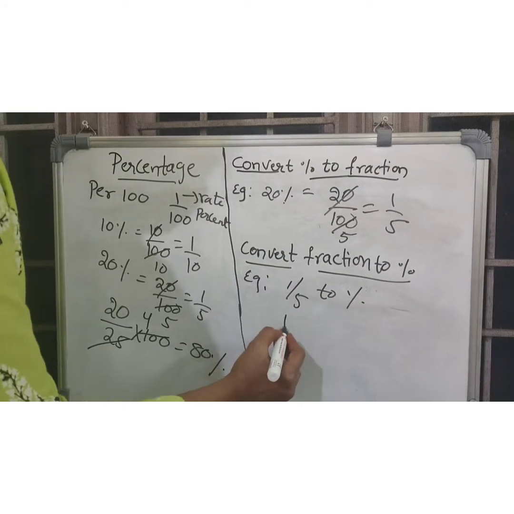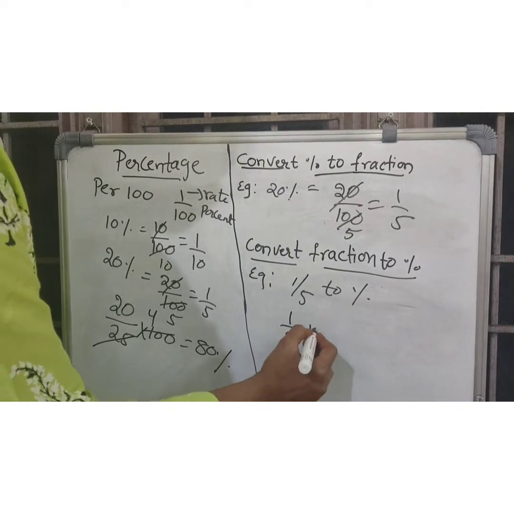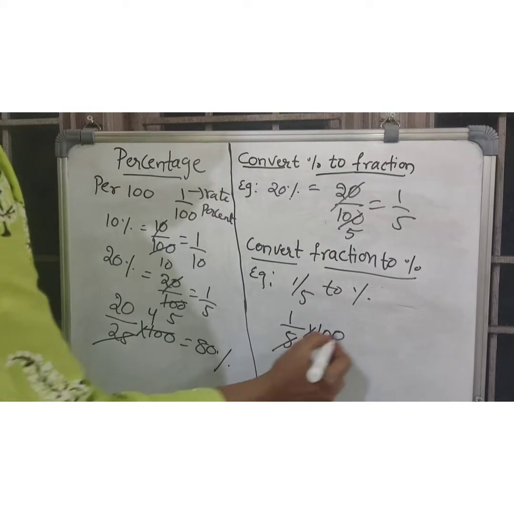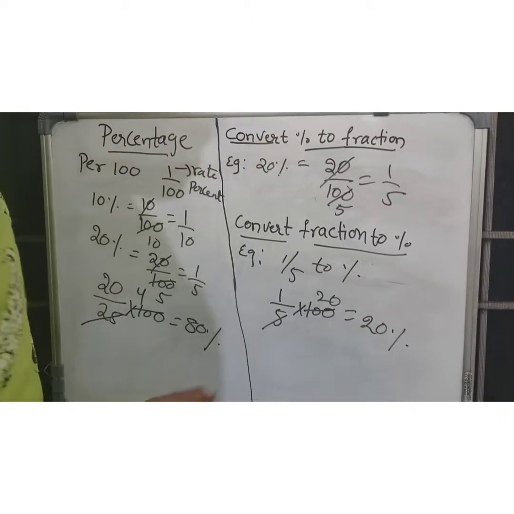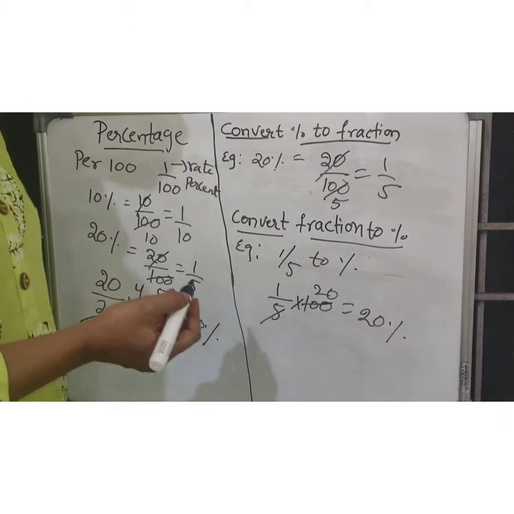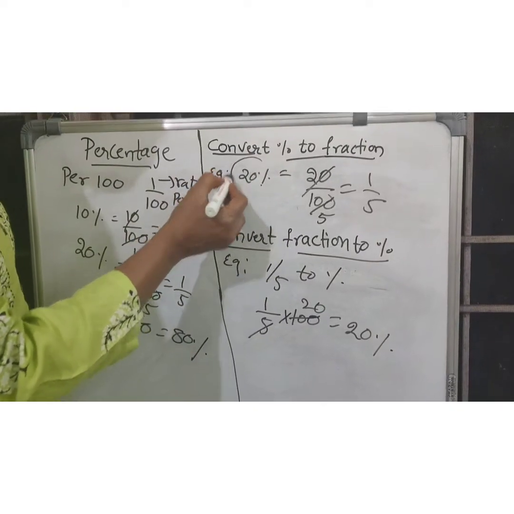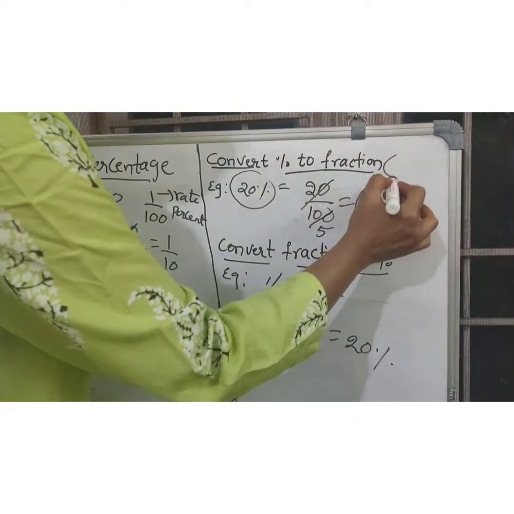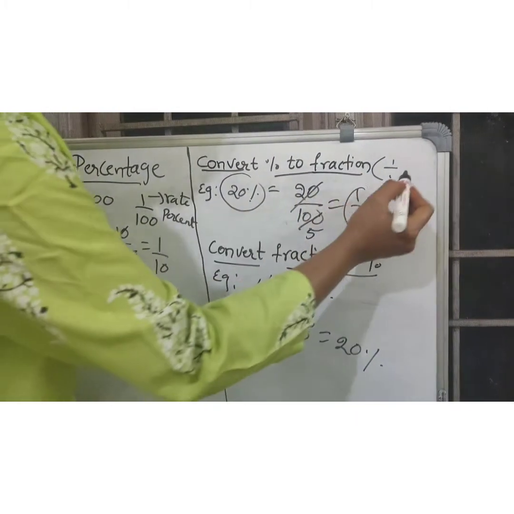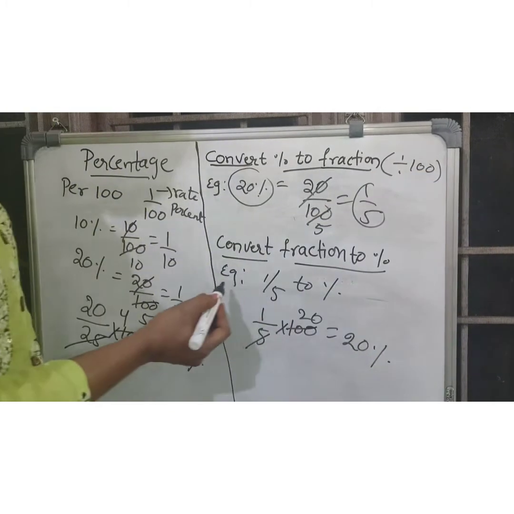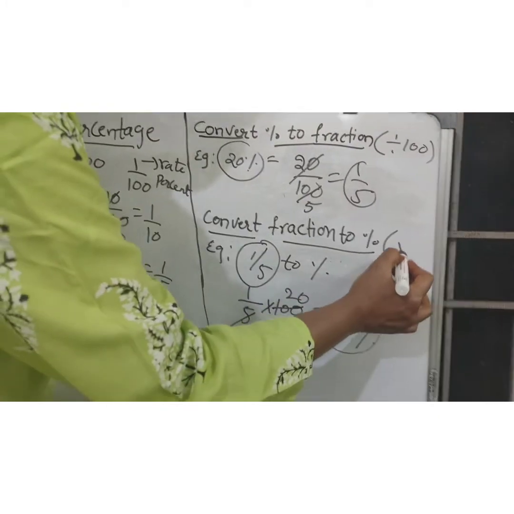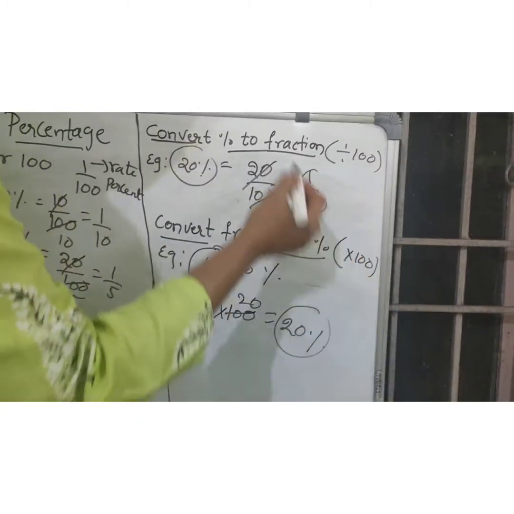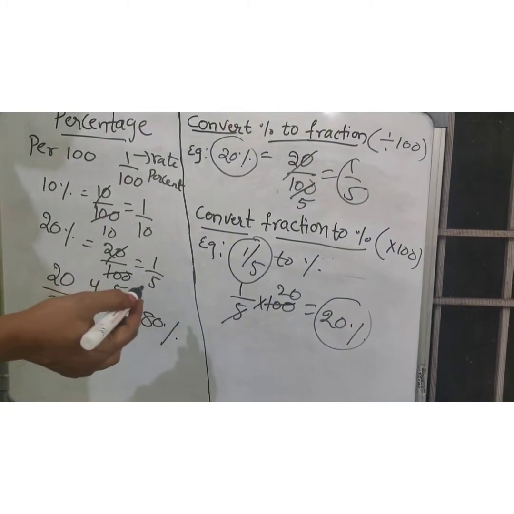We have to multiply 1 by 5 with 100, which gives you 20%. So one thing we have to make sure: when we are converting percentages to fractions, we have to divide the given percentage by 100. When we are converting fractions to percentages, we have to multiply by 100. These two things we need to keep in mind.